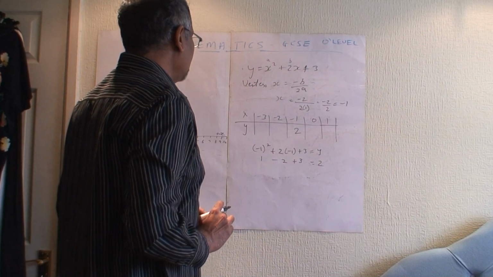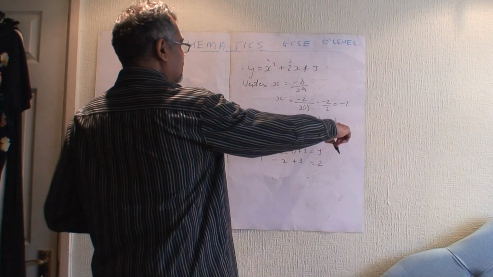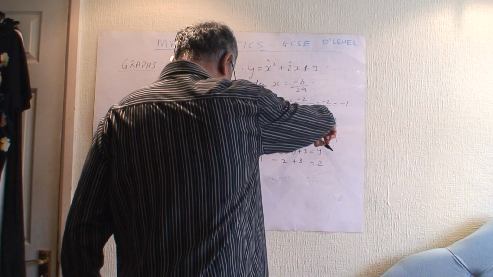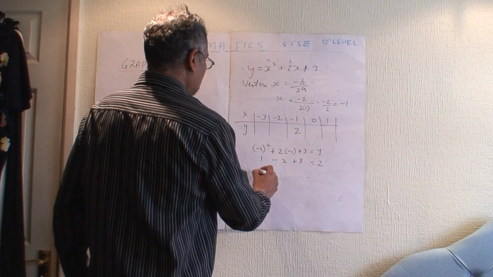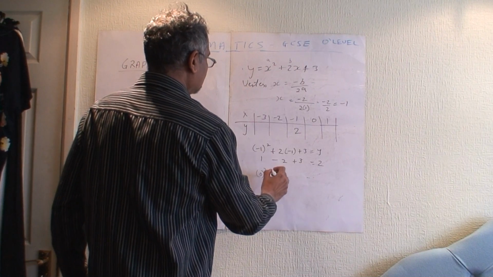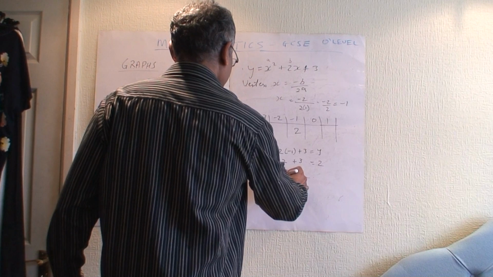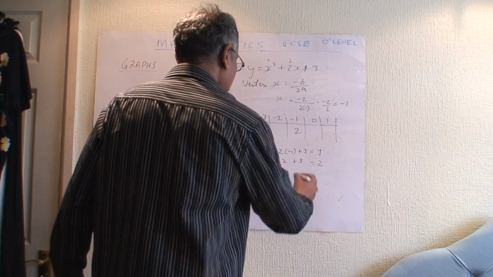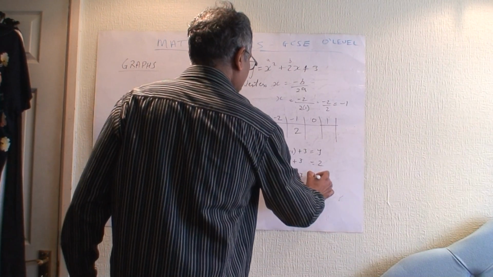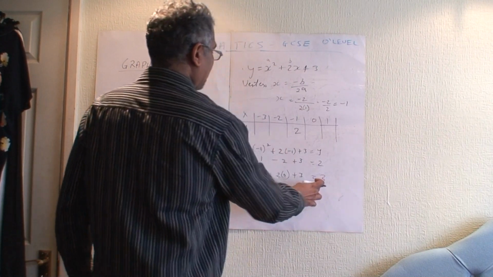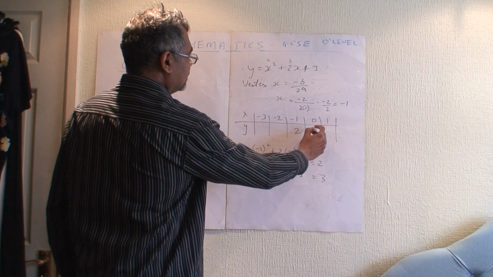Let's say x is 0. Then 0 squared is nothing, plus 2 multiplied by 0 is nothing, plus 3 gives us 3. So if x is 0, y is 3.